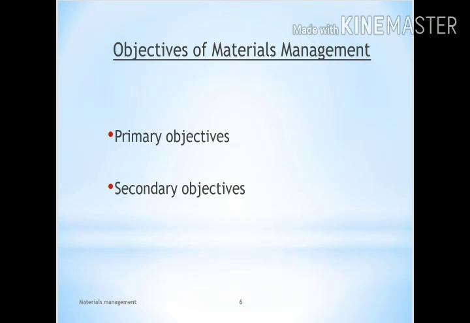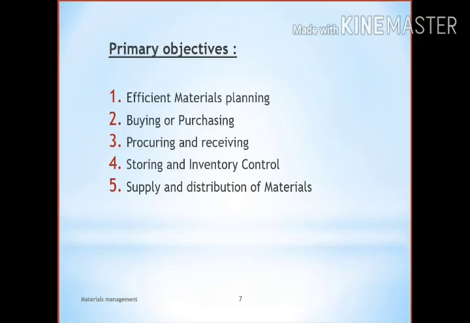Objectives of material management. The objectives can be classified into two: primary objectives and secondary objectives. The main objective of material management is to keep the cost of the materials minimum. That is, if for manufacturing a product we have to make use of materials, and we keep the cost of those materials minimum, then we can make the final product more competitive in nature.